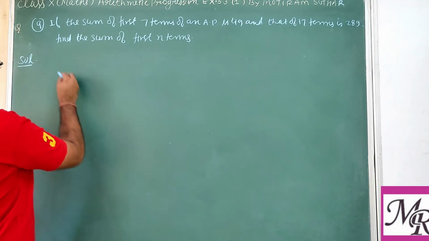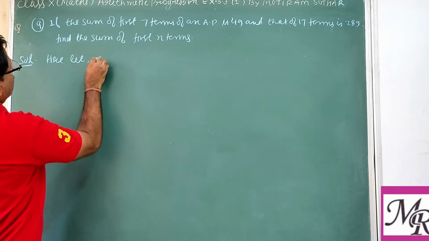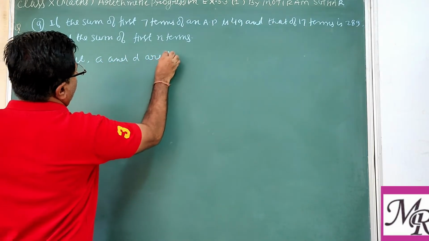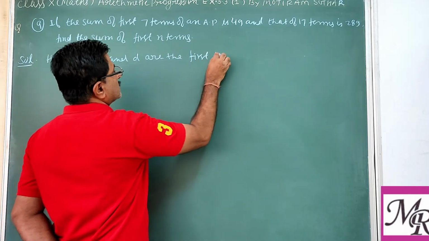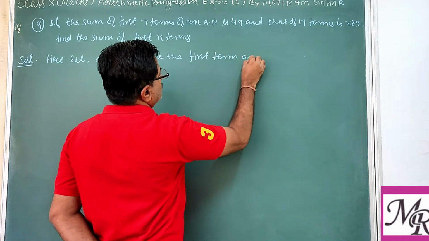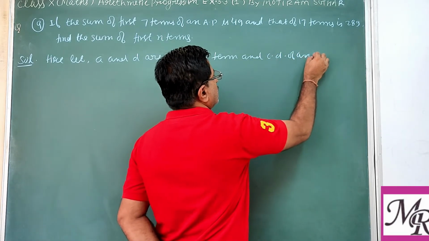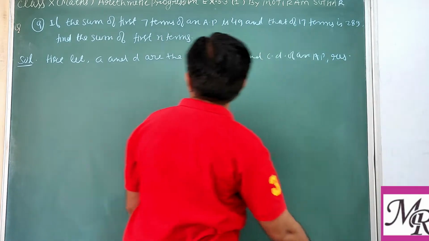So here we write, let a and d be the first term and common difference of an AP respectively.